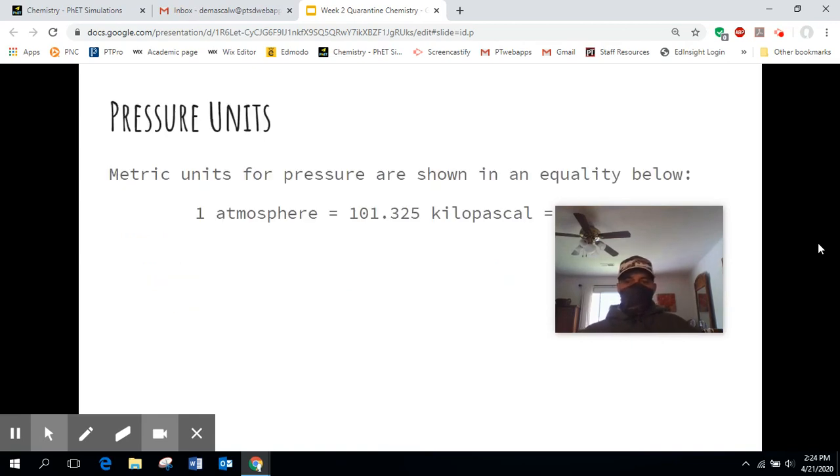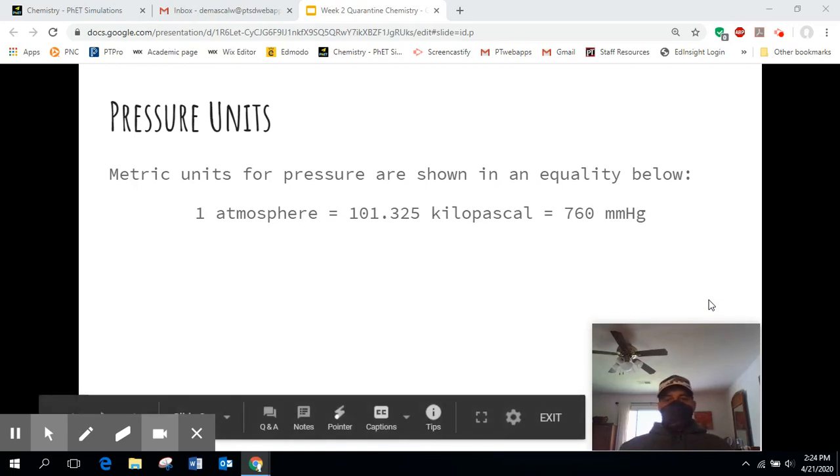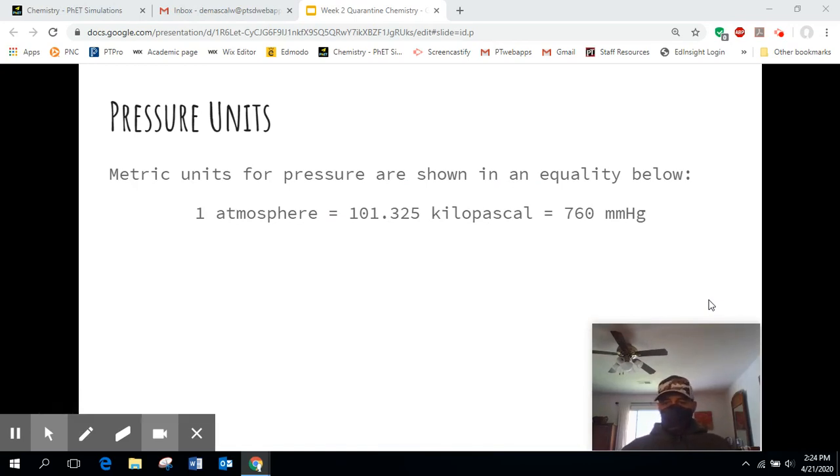Remember the pressure units: atmosphere, kilopascals, and millimeters of mercury. If you look through the book, you should have seen this in the book. These are all equal to each other. So 1 atmosphere is the normal pressure that the air, from sea level all the way to the edge of the stratosphere, being pulled down by gravity, exerts on a surface.